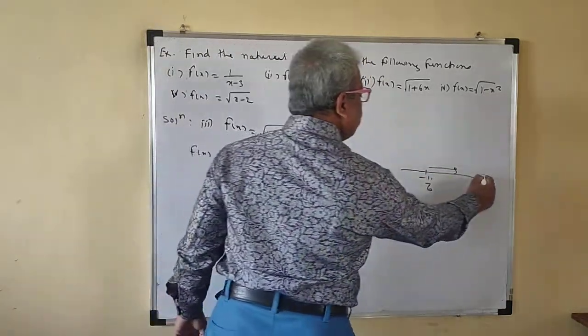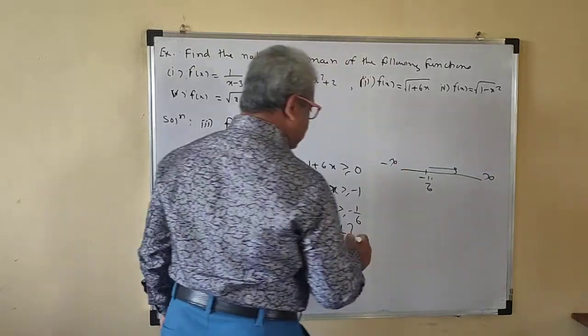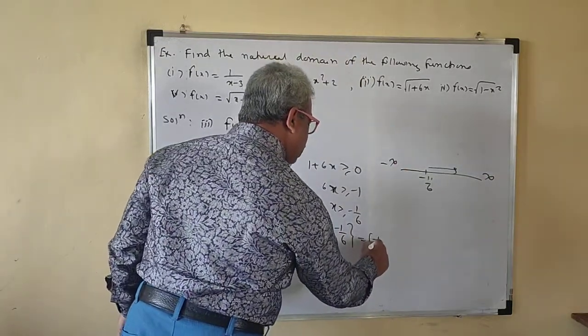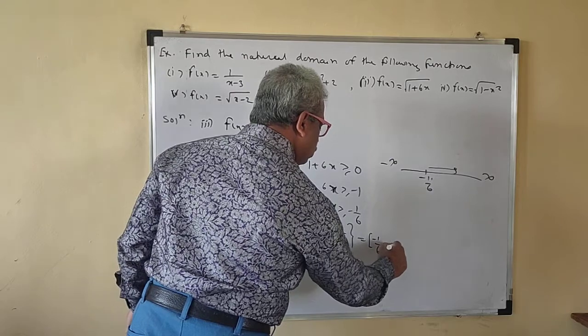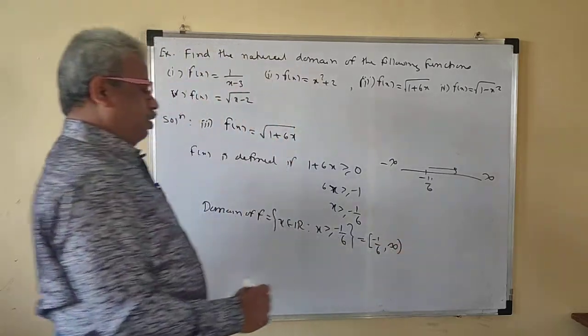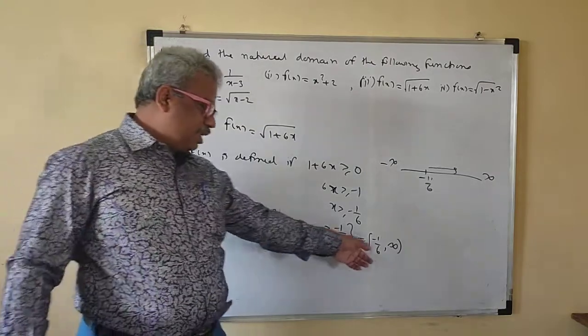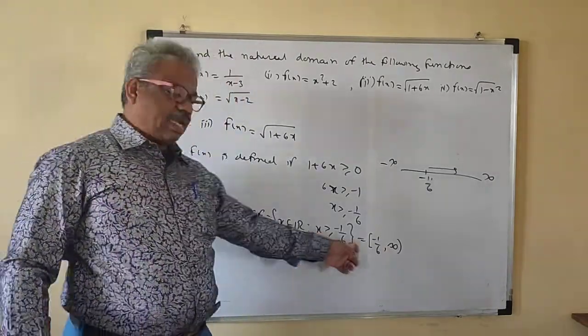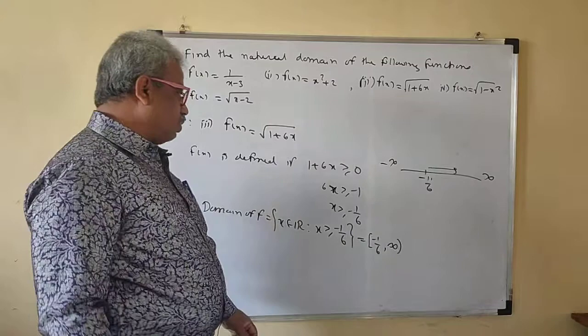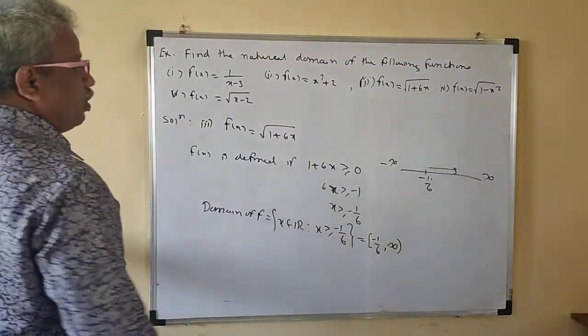This side is infinity, this side is minus infinity. You can write it in the form of an interval: minus 1 by 6 to infinity. Okay? So just write this one. Now we'll take the next one.